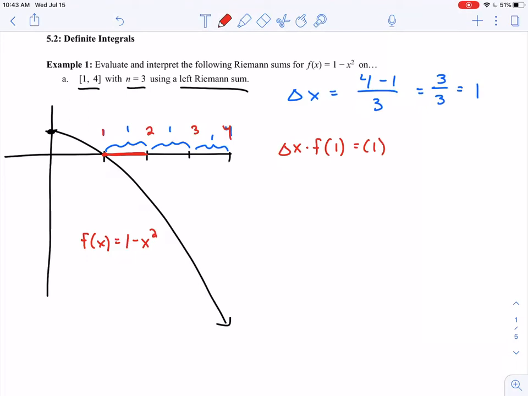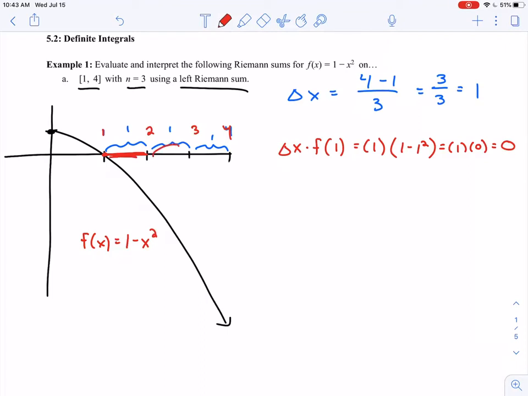So delta x is 1 times f of 1, that's 1 minus 1 squared. I have 1 times 0, which gives me 0. So I have an area of 0. And hopefully that makes sense because we don't really have a rectangle. If anything, I suppose we just have a line. But that's fine. We'll just move on to the next subinterval.